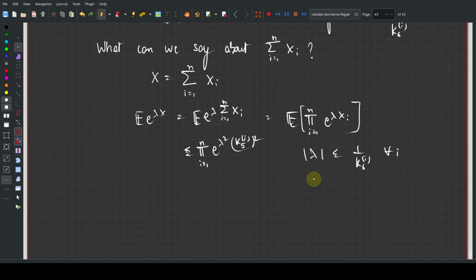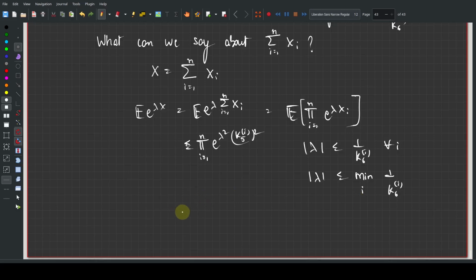Or in other words, absolute value of lambda should be less than or equal to the minimum over all i of 1 over k6 i, right? Okay, but this is simply e raised to lambda square summation i equal to 1 to n k5 i square.